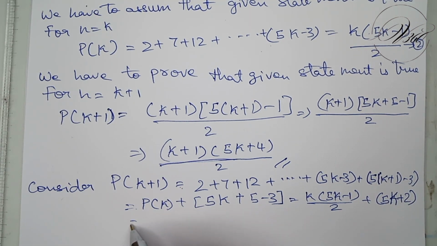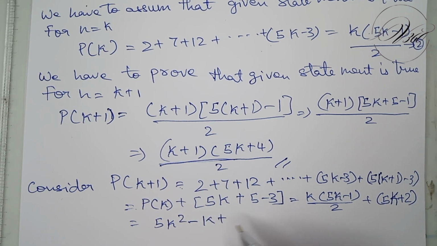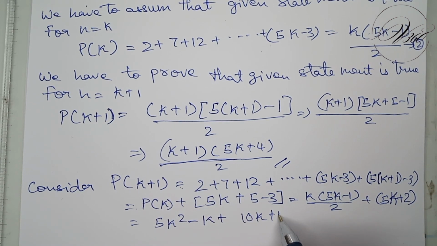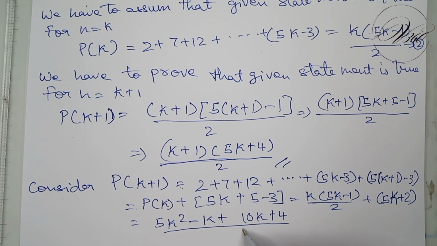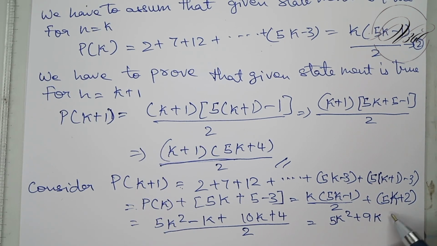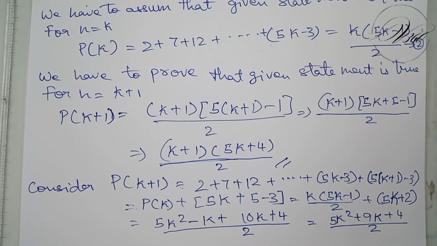Okay, now (5k square minus k plus 10k plus 4)/2, which implies (5k square plus 9k plus 4)/2.